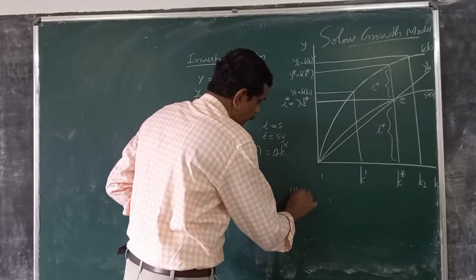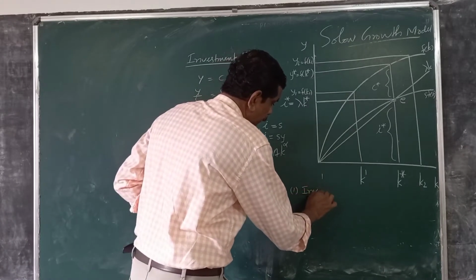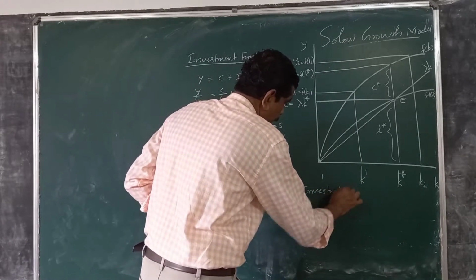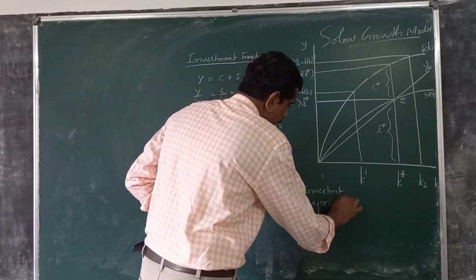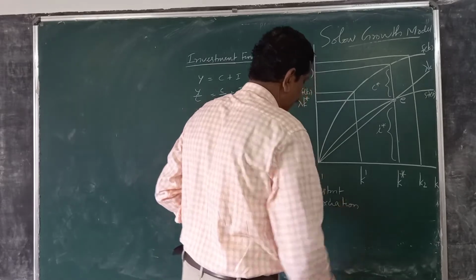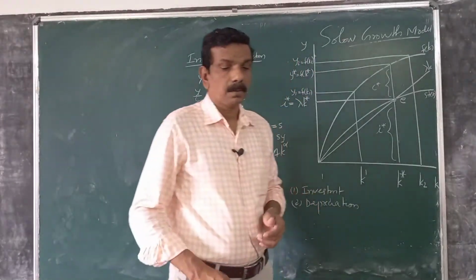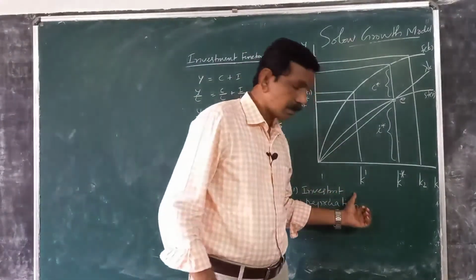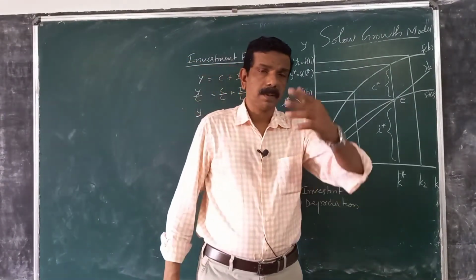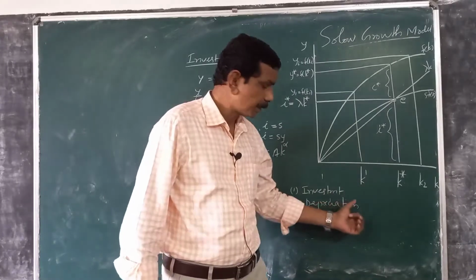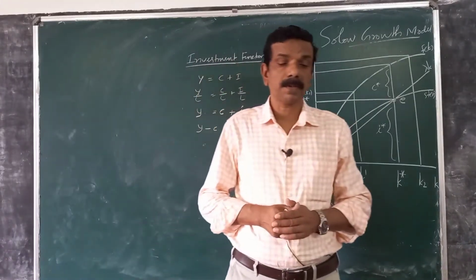One is investment, the other one is depreciation. Capital stock changes over time due to addition, that is gross investment in any given period, and also depreciation from the existing stock of capital.